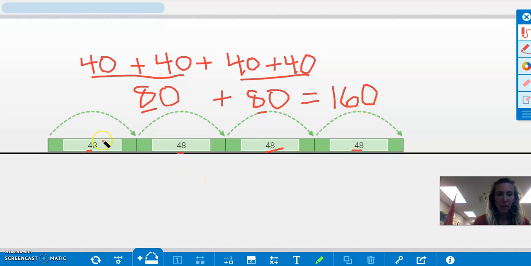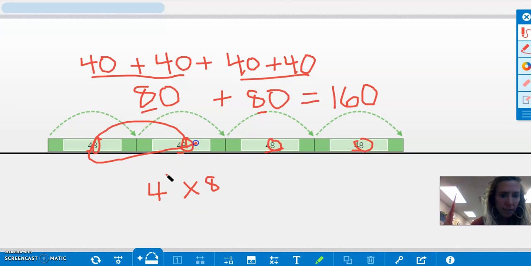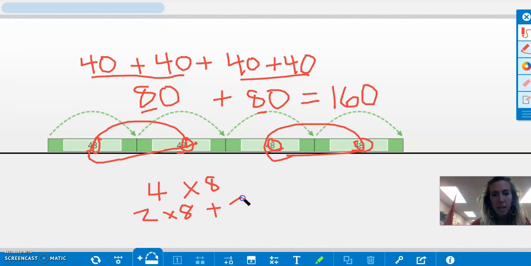Is that the total amount? No, because I still need to add on all these 8s. So I have 4 8s to add up. Okay, and that's the same as 4 times 8. Well, 4 times 8 means 4 groups of 8 together. Well, 2 8s. So if I just double an 8 and then add another double 8, that'll give me 4 groups of 8.